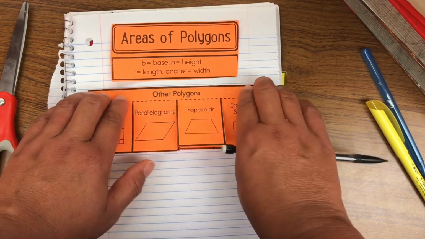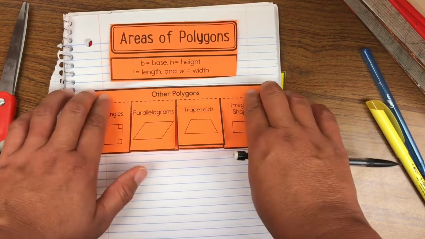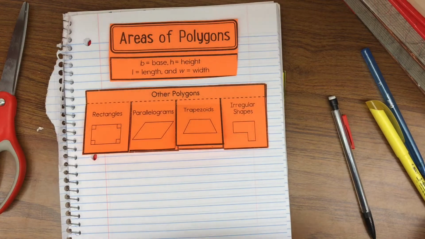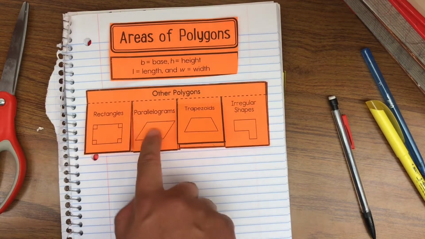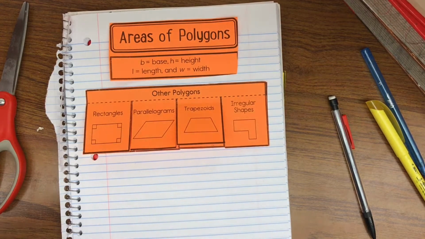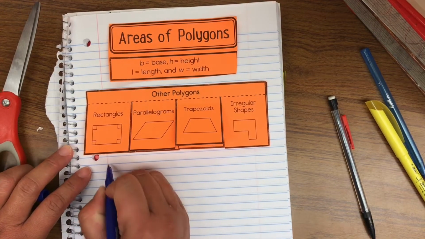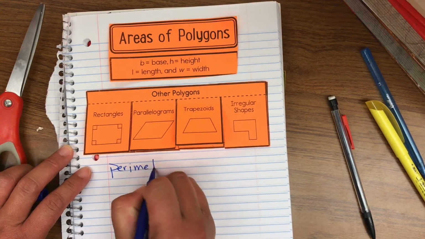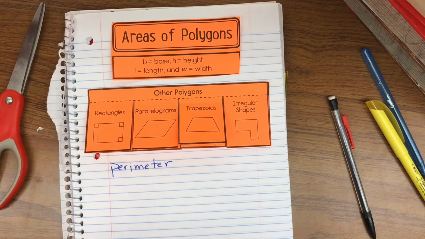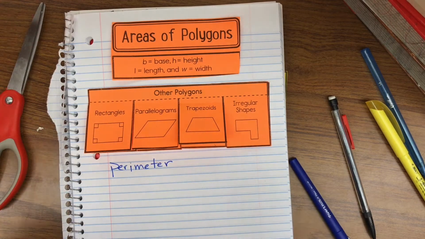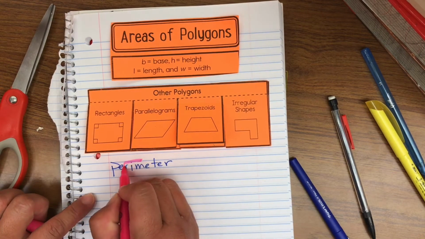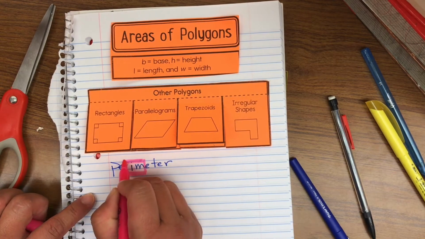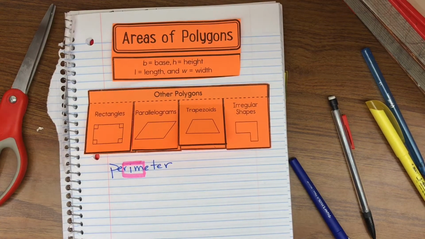With areas of polygons, we're really finding out what's happening on the inside, right? When you're looking for area. When we're talking about perimeter, you can write that down here, perimeter. When you're looking at the perimeter, you're looking at the rim of the shape.